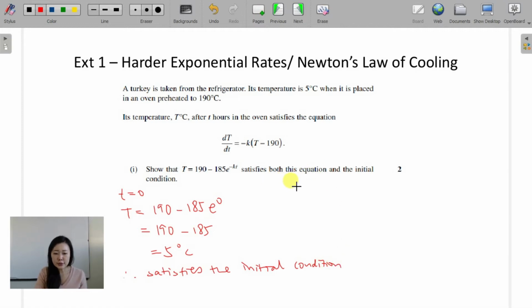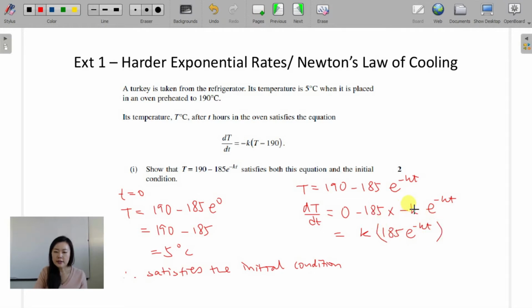Okay, the rate. So now we actually have to try to differentiate this and show that it follows that equation. So dT/dt. Now I'm just going to reshuffle this a little bit.